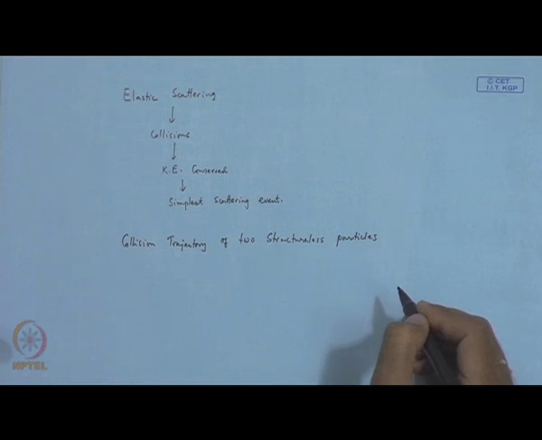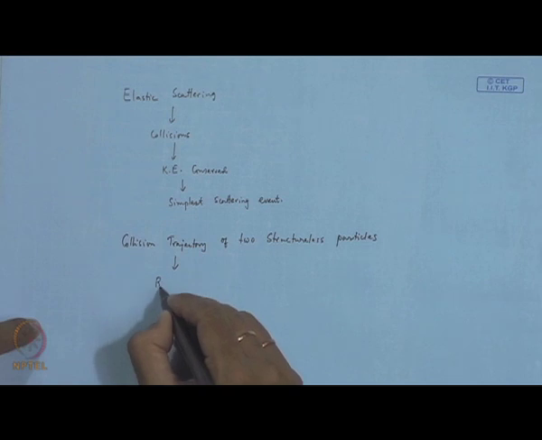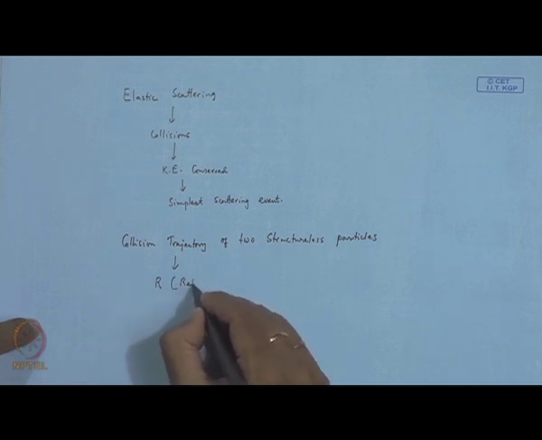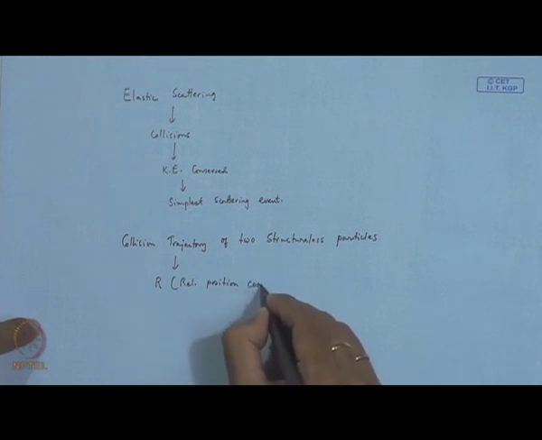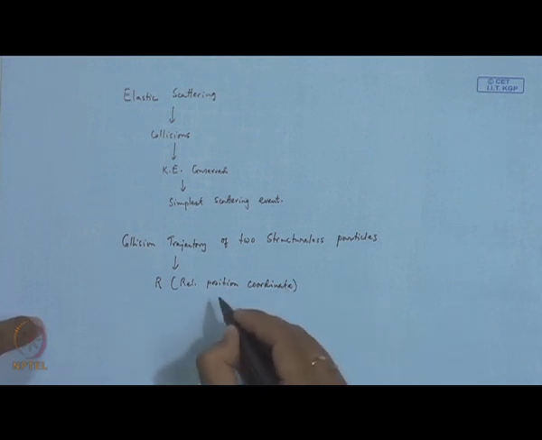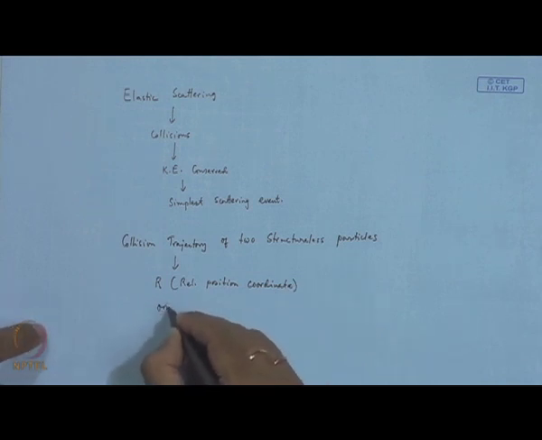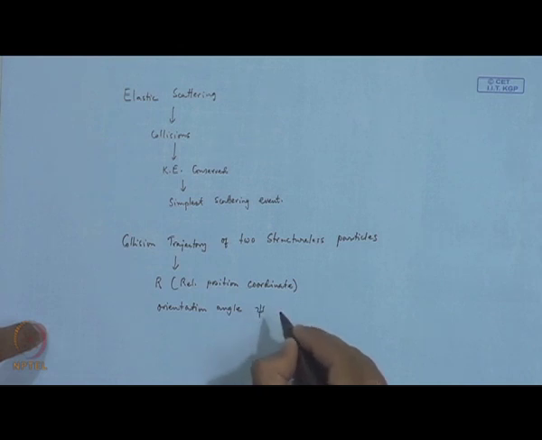Two coordinates suffice to describe the relative motion of the collision partners. In that case we need two coordinates, one is the relative position vector, and the other is the orientation angle, that is psi.